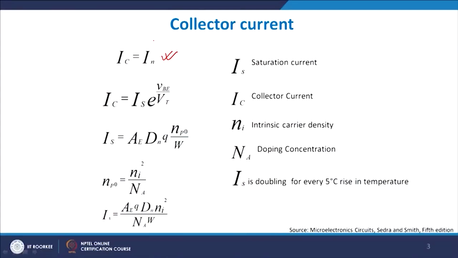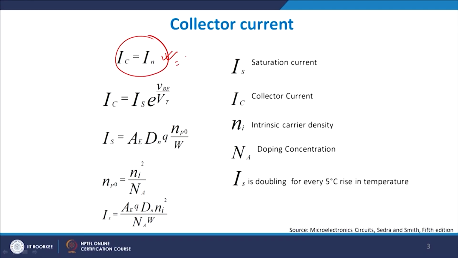The hole contribution is relatively small because it is a minority carrier current, and therefore the major contribution is from the majority carrier, which is basically the electrons. Therefore, I can safely write IC equals IN, and that is the basic equation which you see.